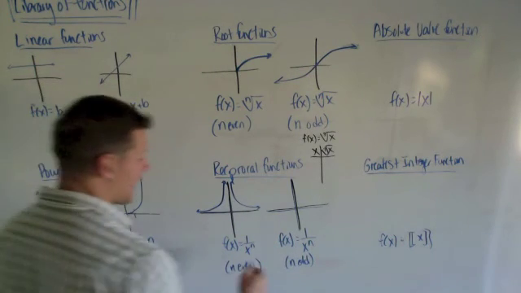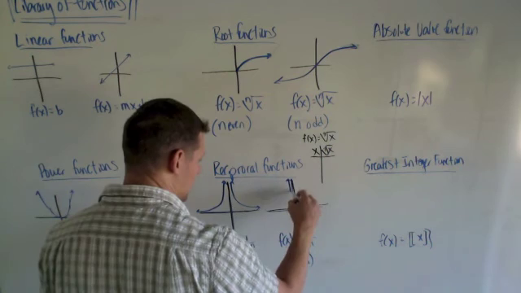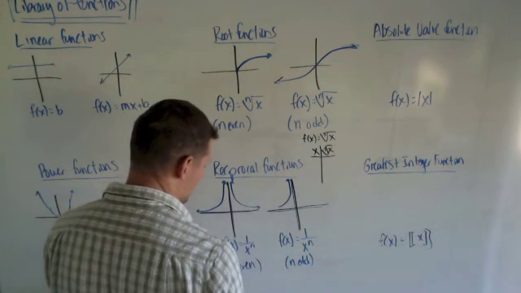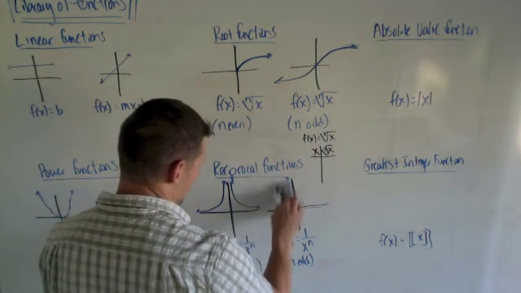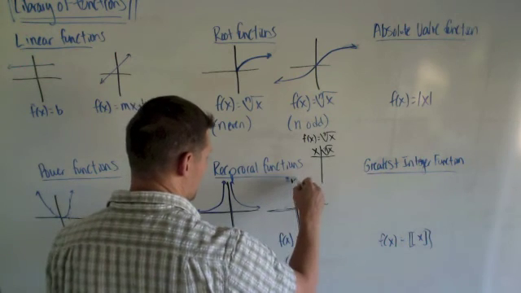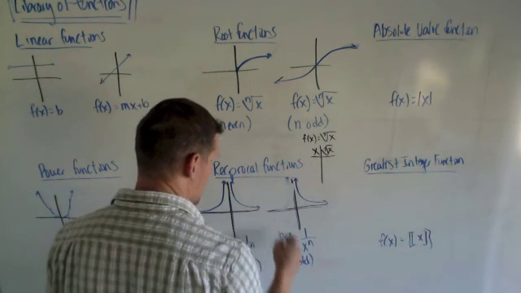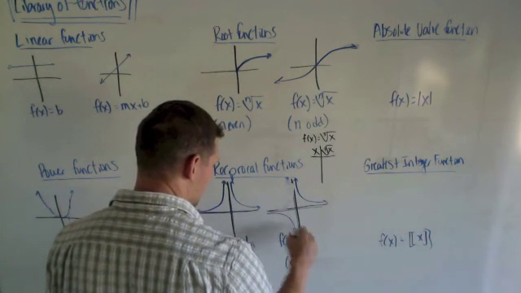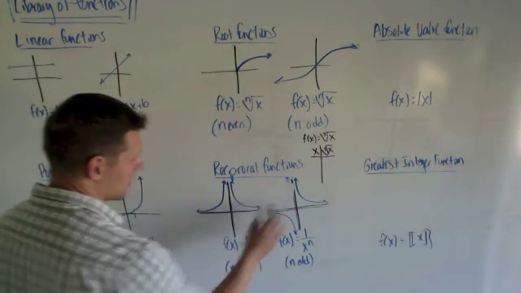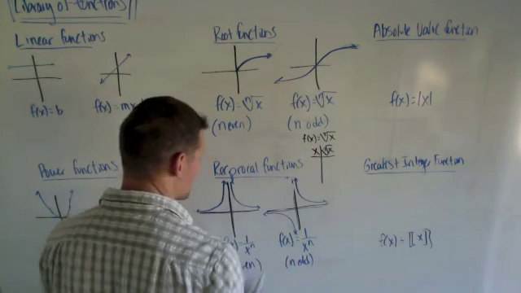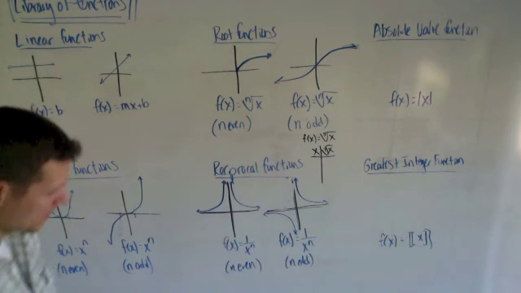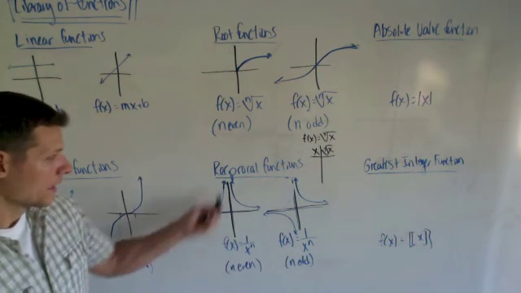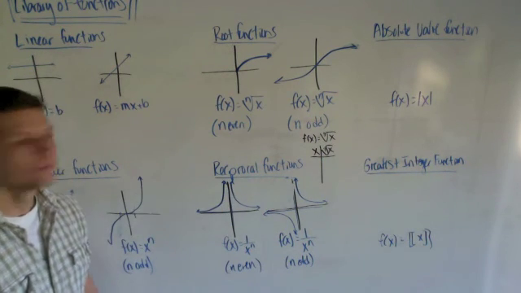However, when n is odd, it does take on some negative values. When n is odd, it's going to look something like that. Okay, it's kind of like that Hurley symbol or whatever that company is. Okay, reciprocal functions.